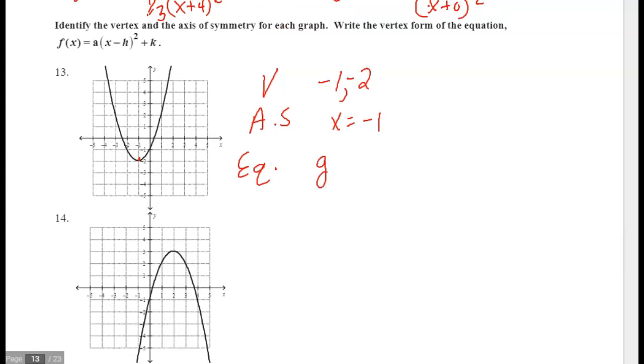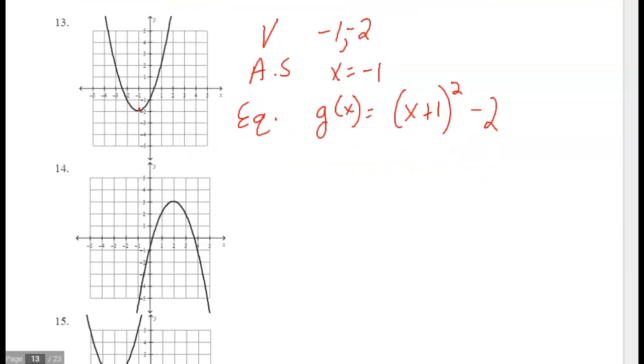So my equation is, we'll just continue to use our g of x. And that is equal to, we went left, so it's x plus 1, and then squared minus 2. This one here, our vertex is at 2, 3.